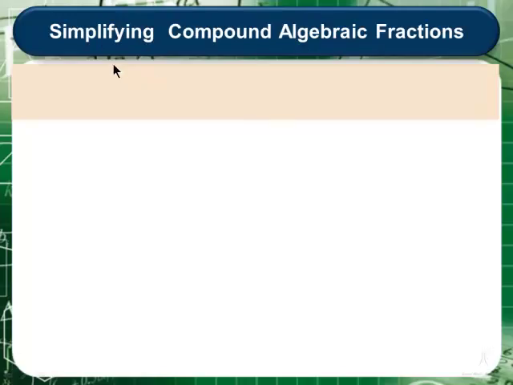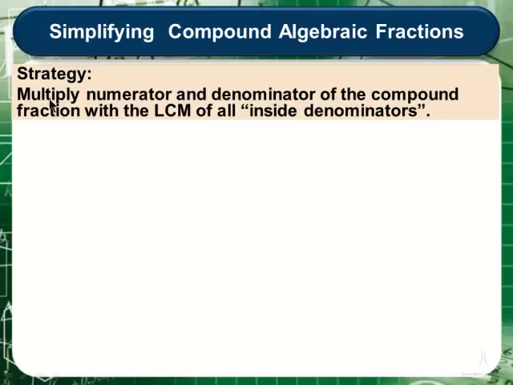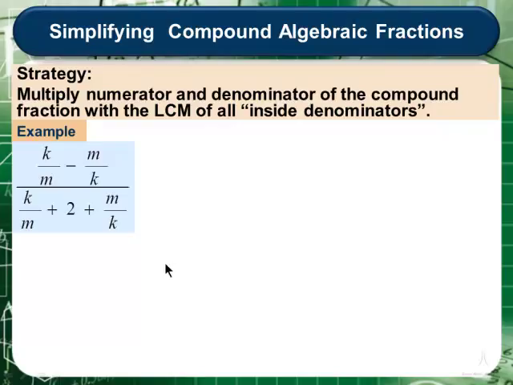We will now consider an example where we simplify a compound algebraic fraction. The strategy again: we have to multiply the numerator and the denominator of the compound fraction overall with the lowest common multiple of all the so-called inside denominators. Let us consider the following example. Here we typically have a compound algebraic fraction.